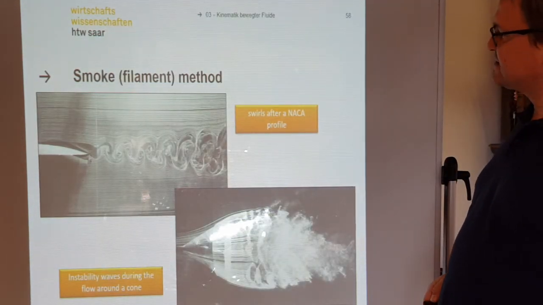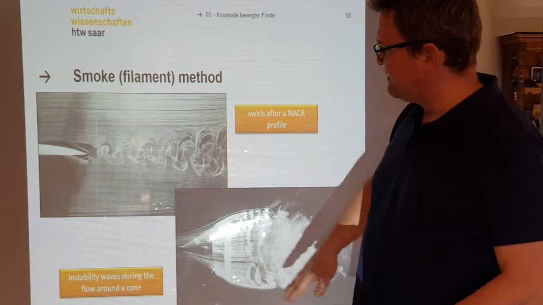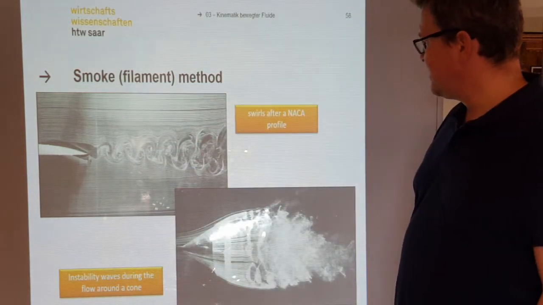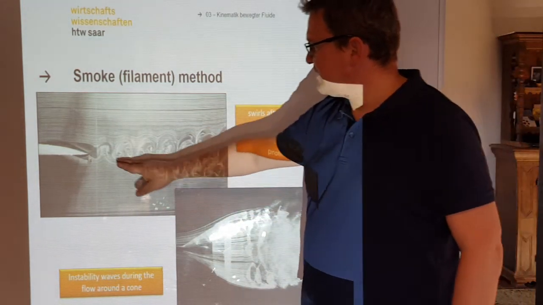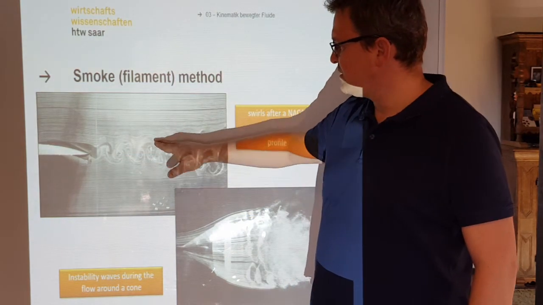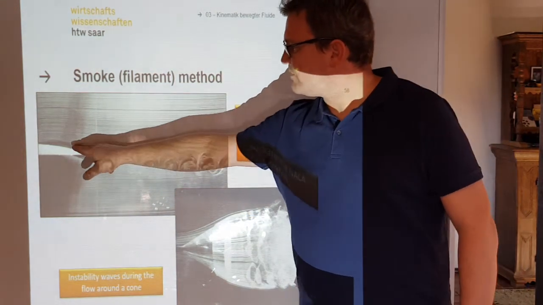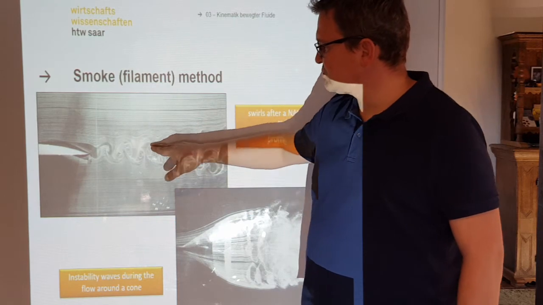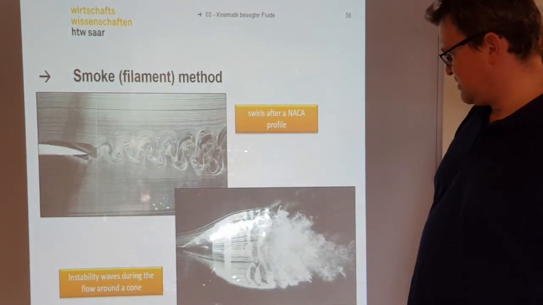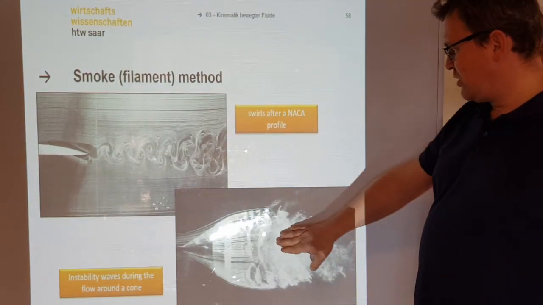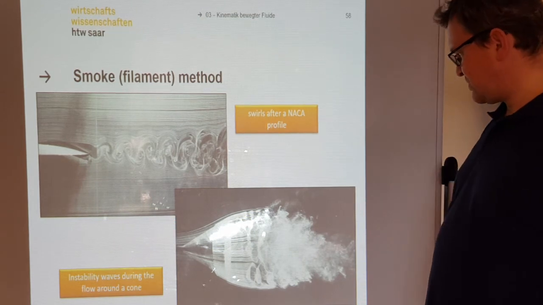Now that's another example. Here again we have a wing and swirl, and we see a lift off of the fluid and induction of the swirl. Really nice picture. Or here a cone with swirl.